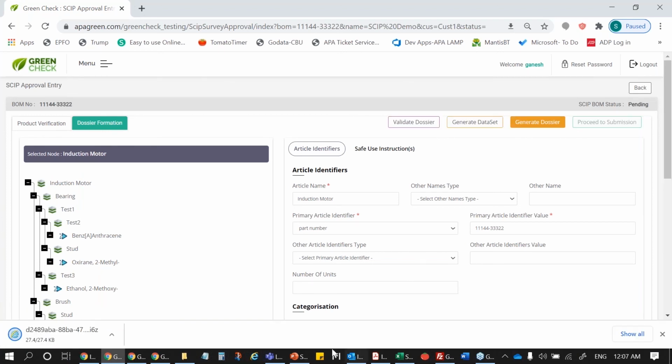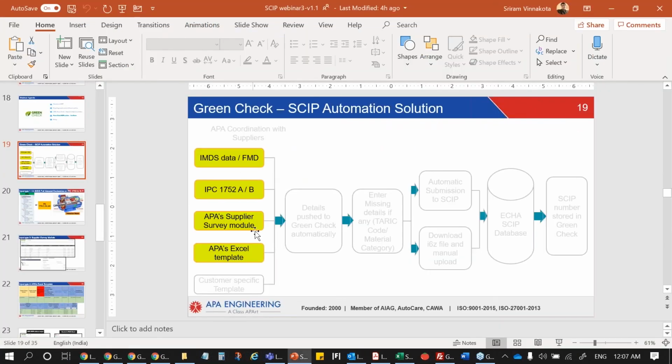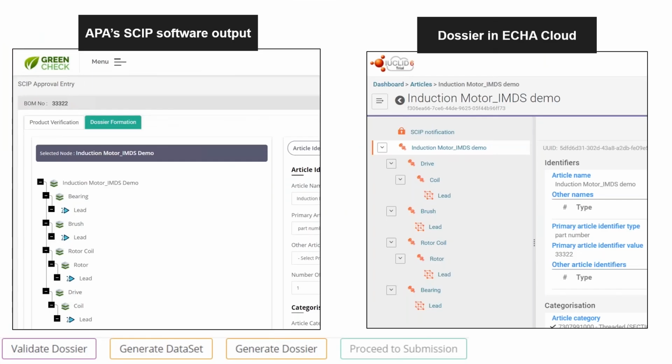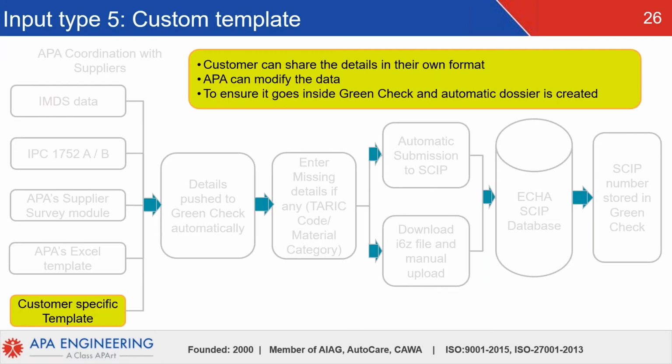Net one can do this via IMDS data, IPC, the supplier module, or an Excel template as the standard methods. In our experience, some or the majority of customers have their data in their own format. In such cases, the customer can share the details in their own format.